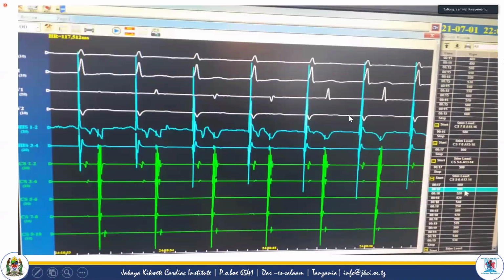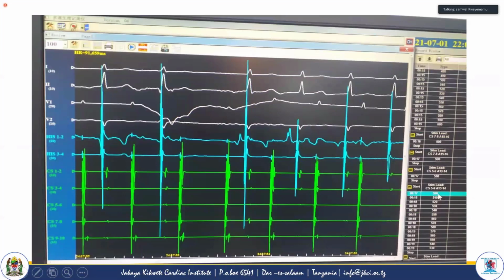So here now we are using the coronary sinus, and what we see here is that every time we pace the atrium, this is followed by a ventricular signal. This is one-to-one: atrium, ventricle, atrium, ventricle, atrium, ventricle. This is one-to-one conduction.